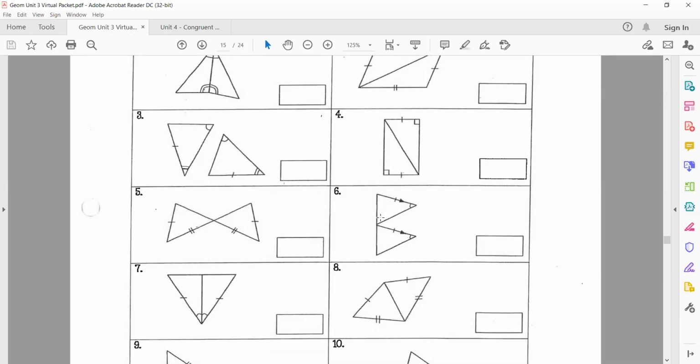We could also, because of the same reason, say this angle down here is congruent to this angle down here, for the same reason. Those are corresponding. So make sure you remember what those little extra arrows in the center of your line mean.